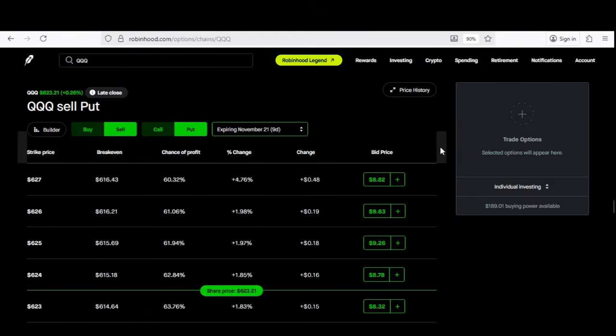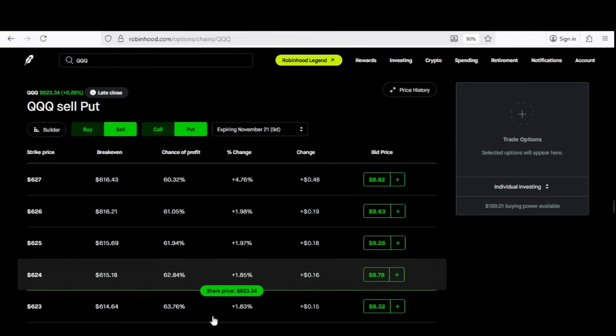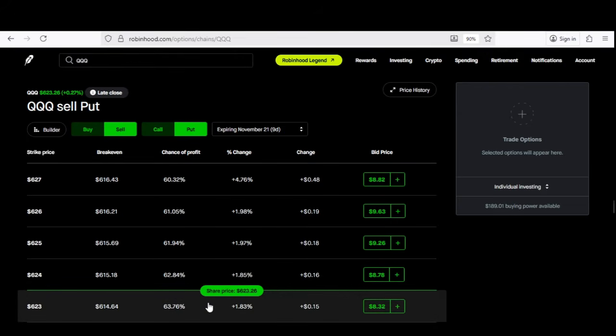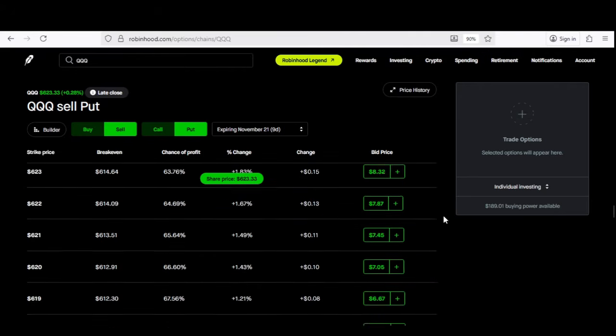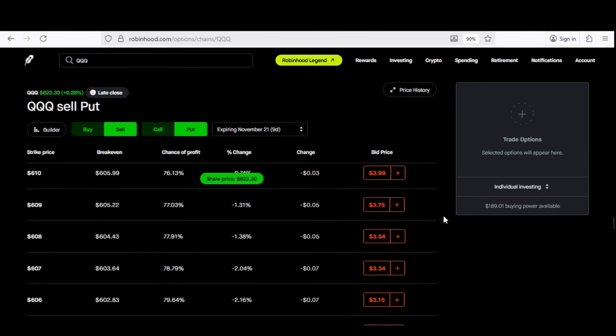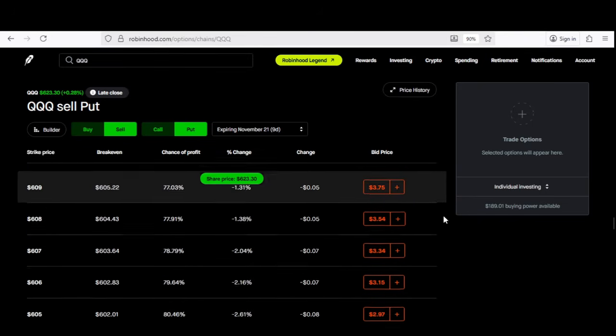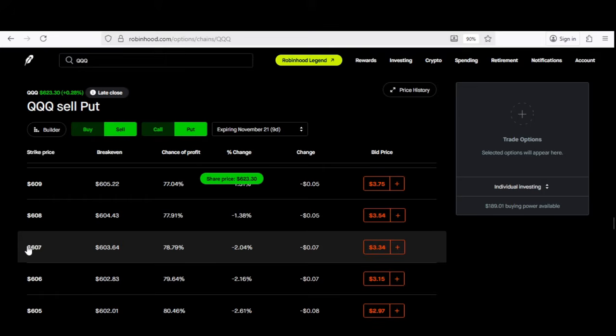I'm going to go ahead and select my strike price. To begin with, I'm going to be choosing my strike price below the current share price. As you can see here, the share price is $6.23. So let's go down and look for a good strike price. The strike price I will be going with is the 607 strike price right here.